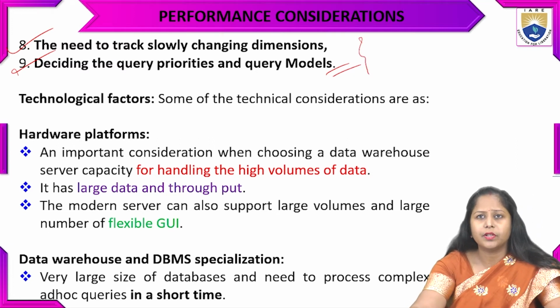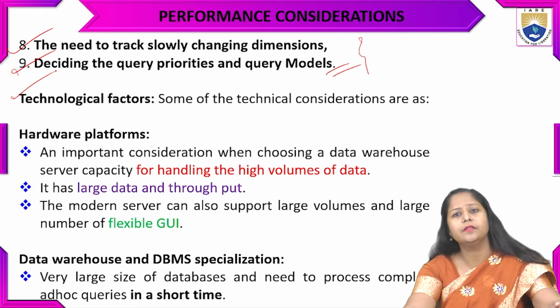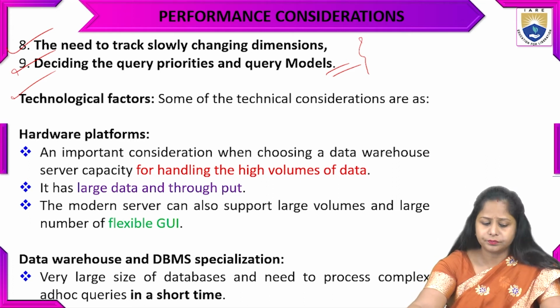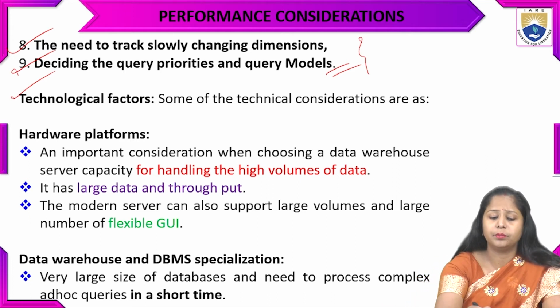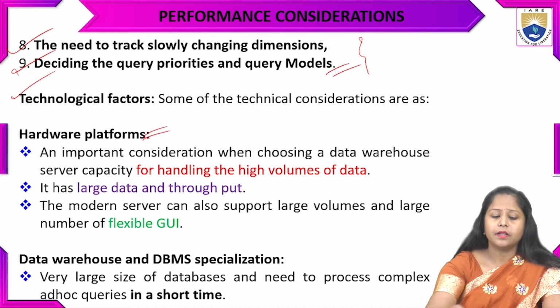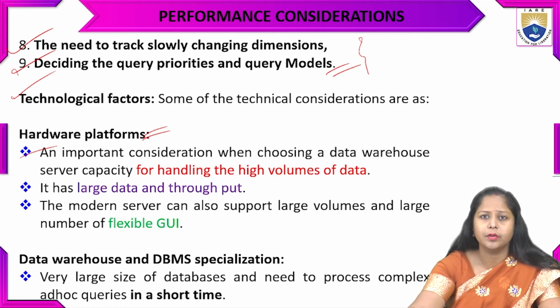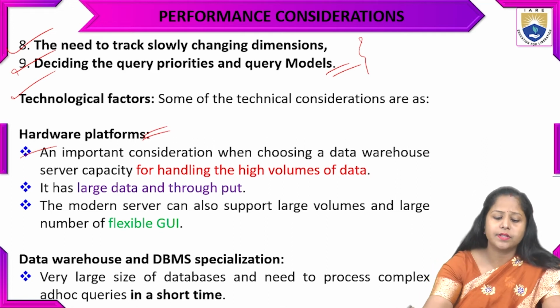For the performance consideration, now we will take the technological factors. There are some factors, the first being the hardware platform. The hardware platform is an important consideration when implementing a data warehouse and choosing a data warehouse server.